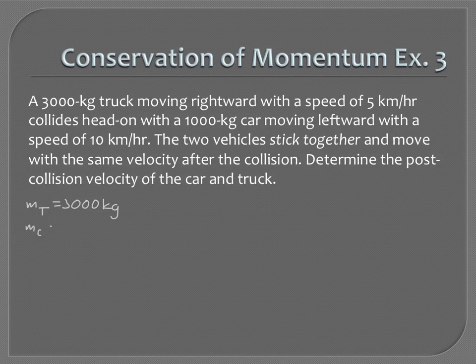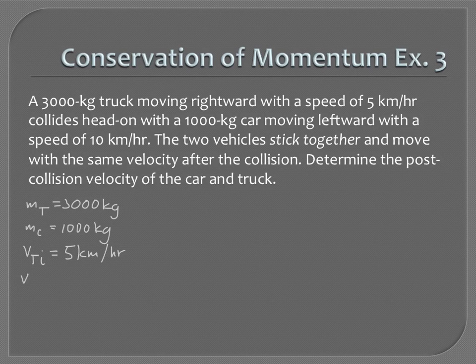Then we got the mass of the car being 1,000 kilograms. The initial velocity of the truck is 5 kilometers per hour. It's okay, we don't need to do any conversions here.